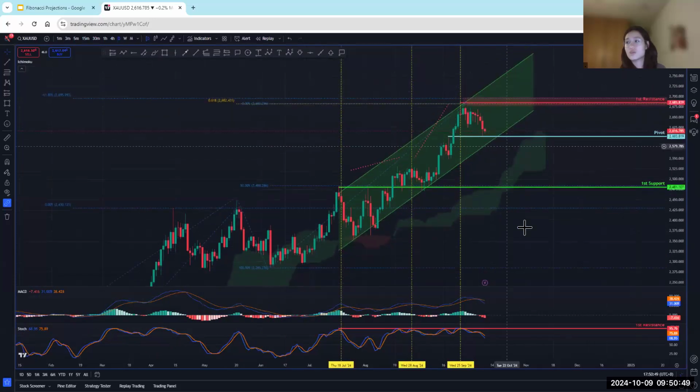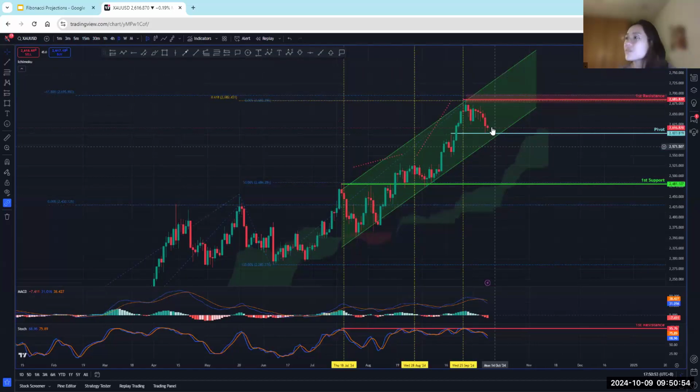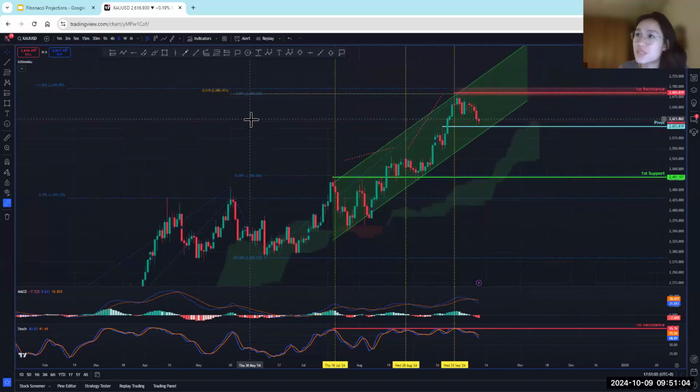So here, I think it might break below the pivot, but I think it will reverse back and continue towards the resistance. Ultimately, again, it depends on what happens with our DXY, but from just looking at this chart, I think it'll continue within the ascending trend channel according to our Ichimoku since it's moving around the cloud.